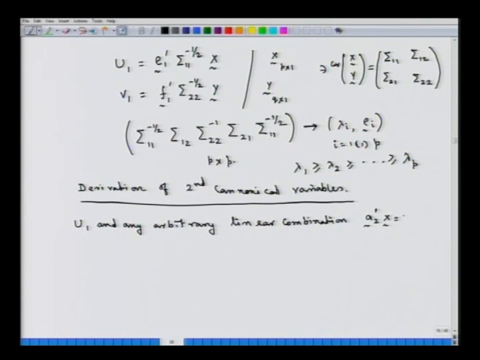So, in terms of that c vector, we can write this as c2 prime sigma 1 1 to the power minus half times this x, where we had sigma 1 1 to the power plus half times a2 equal to c2.